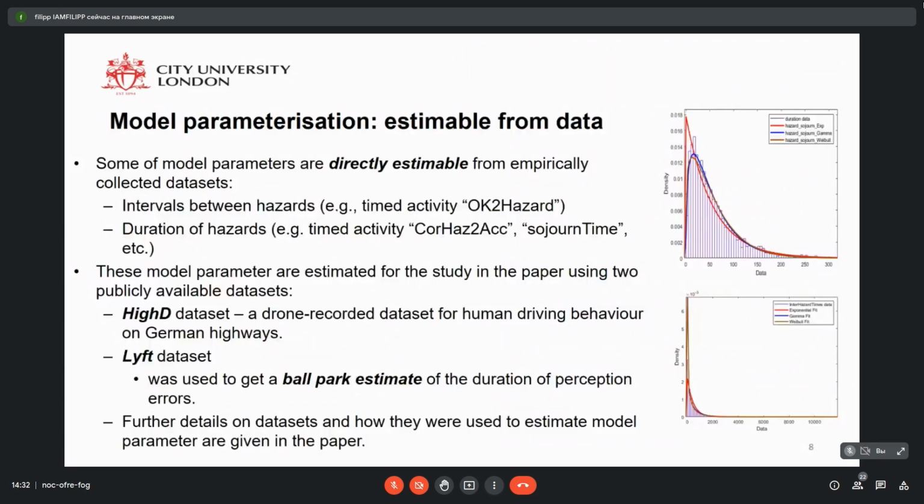Some of these parameters can be estimated using the available data, and we use two publicly available data sets. This is the HighD data set, which was collected by flying a drone on the motorway and collecting the cars, and how the hazards were estimated.